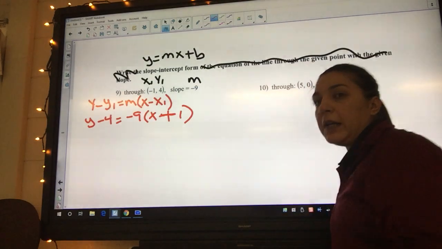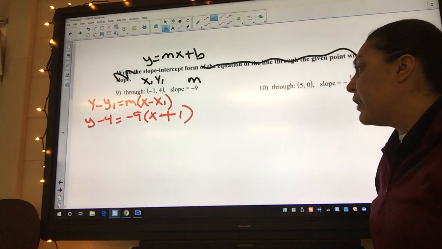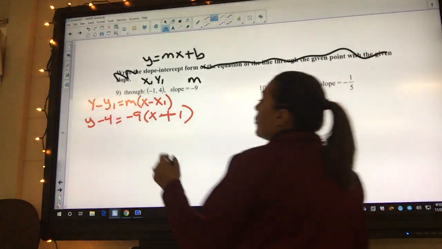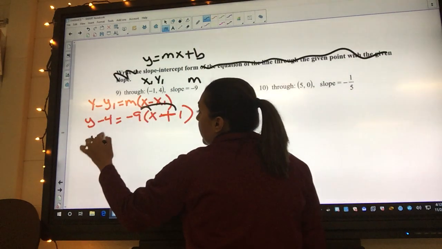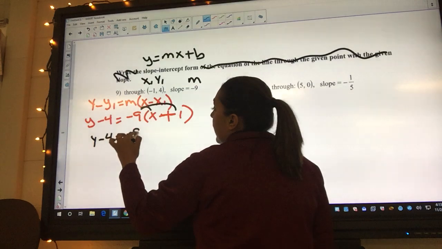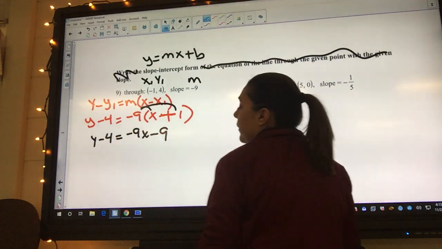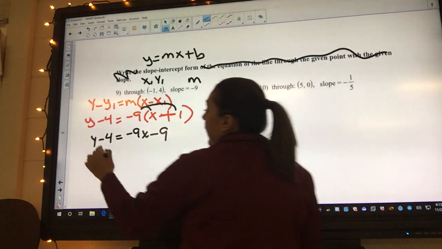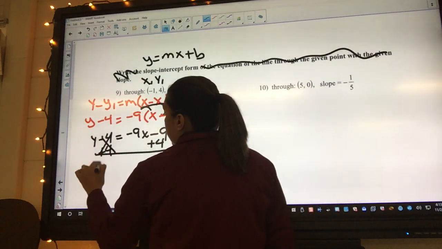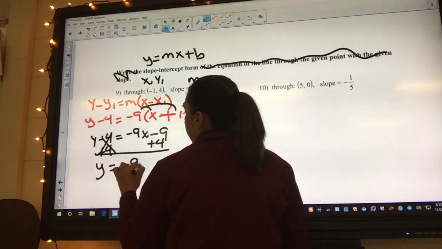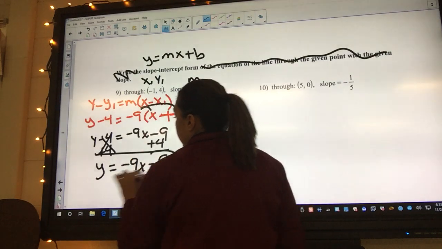So we need to distribute. We got y minus 4 equals negative 9x minus 9. Then we can add 4 to both sides. So we got y equals negative 9x minus 5.